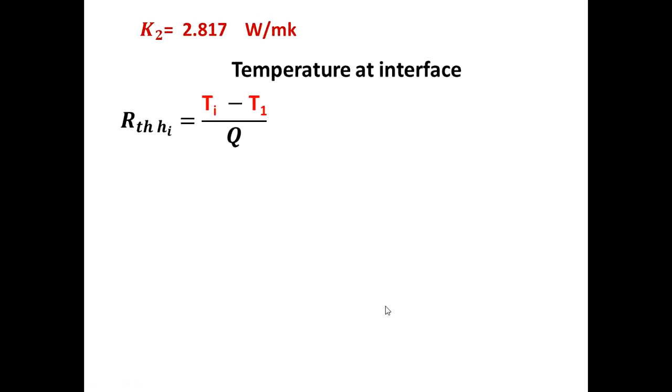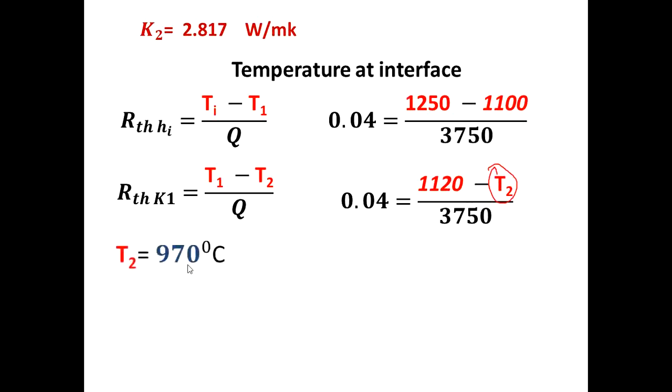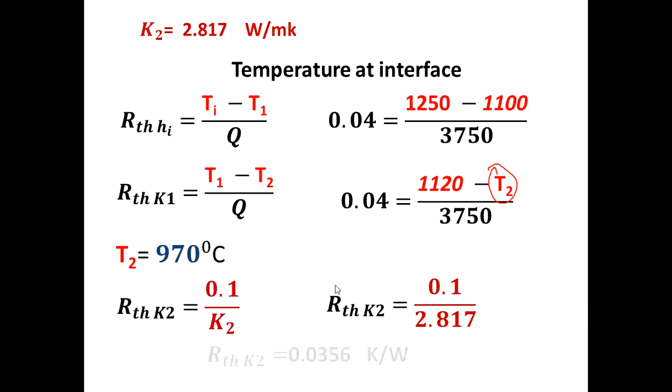Temperature at the inner surface, that you know, 1100. T2 you have to find. If you put in this equation, you will find T2 value as 970 degrees Celsius. The thermal resistance due to K2, you will find this one, 0.0356. RK2 is equal to T2 minus T3.